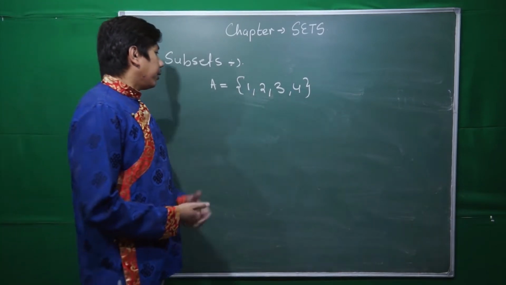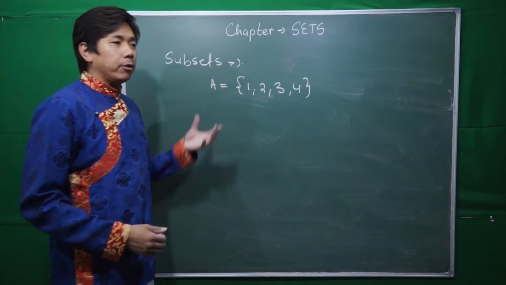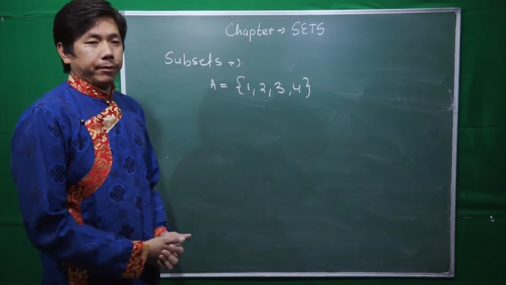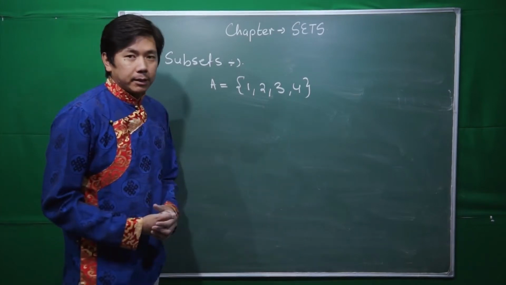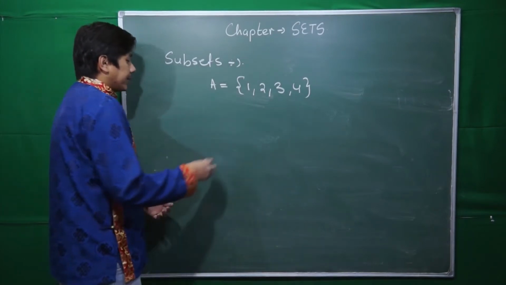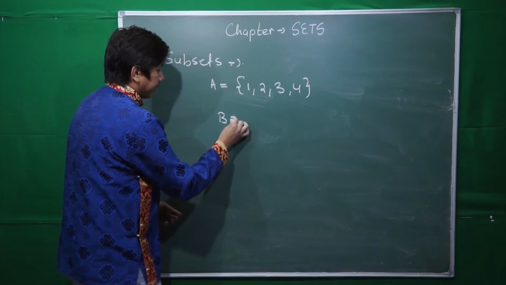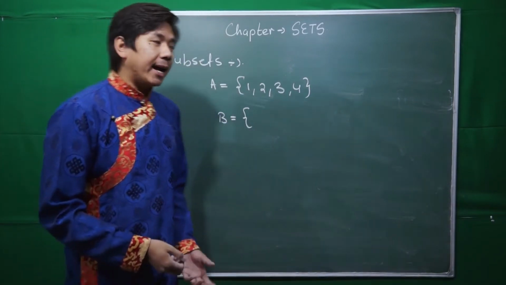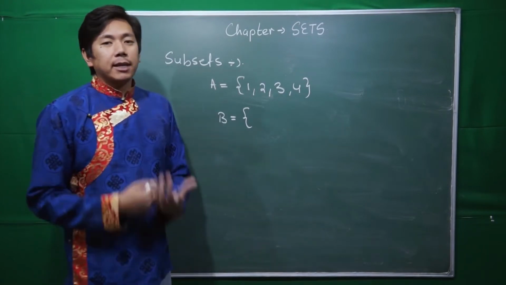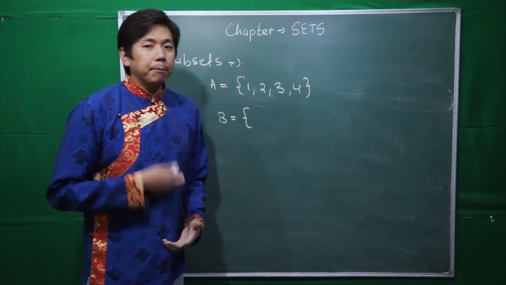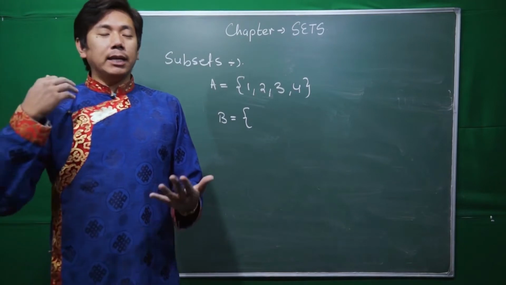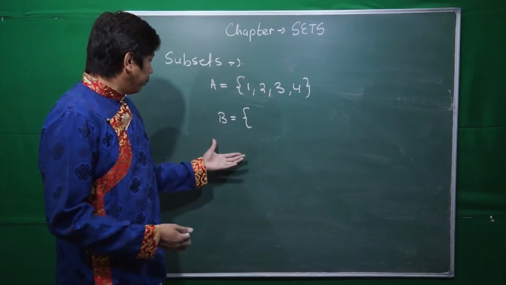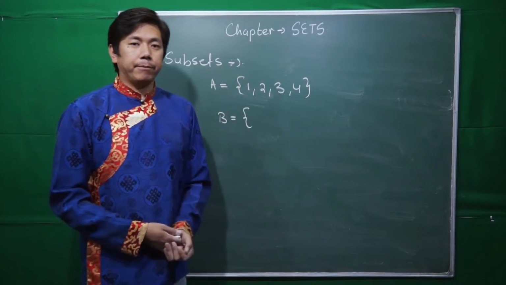All right. Now, if we talk about the subsets that originate from the set A, then we can call A a parent set whose offspring is a subset. So, let's say B is a subset. Now, B should contain the elements that A has, not necessarily all the elements, but if an element is not inside the set A, then B would not be a subset of A. Clear?